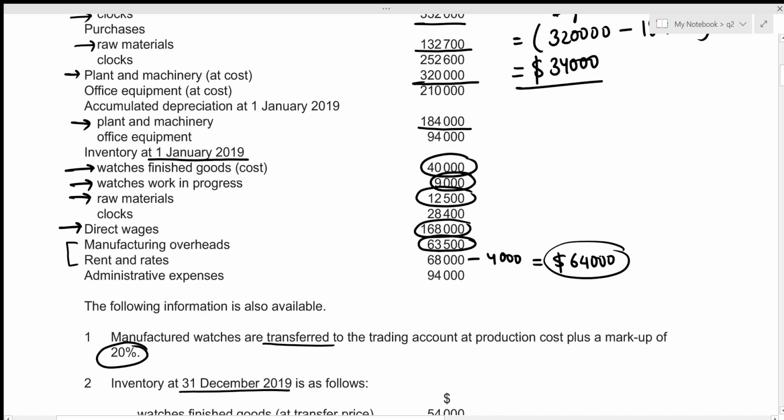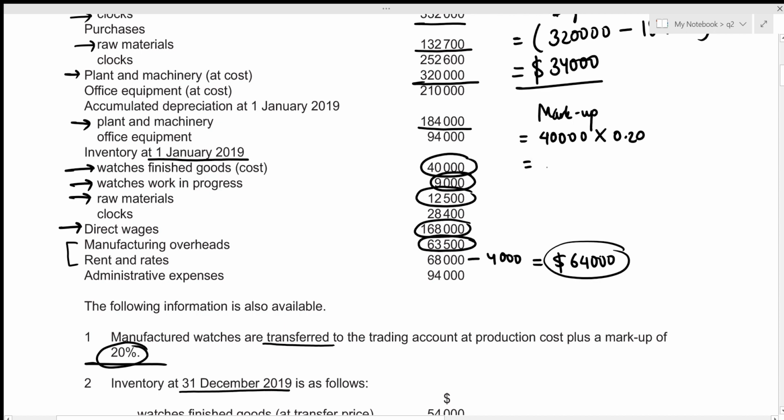And we know that whenever we are talking about goods manufactured within a company, the opening inventory is actually added at the cost plus the markup. So we know that the markup rate is 20%. Let's figure out the markup for our opening inventory. That's going to be 40,000 times 20%, which is 0.20.